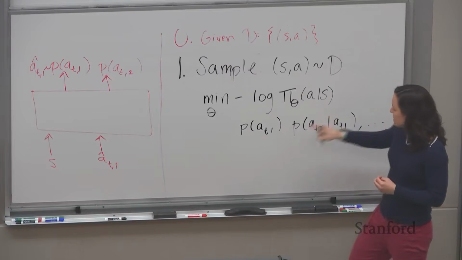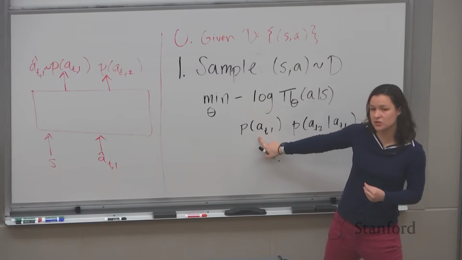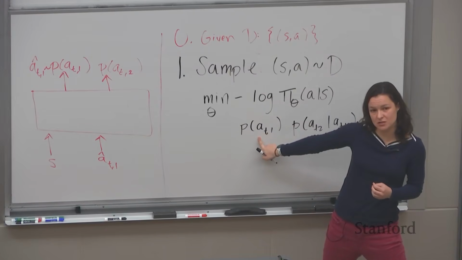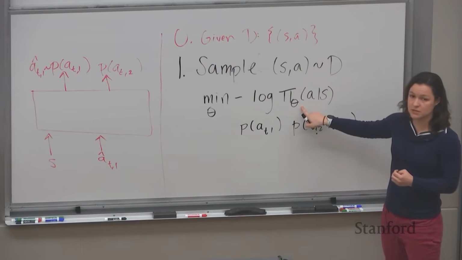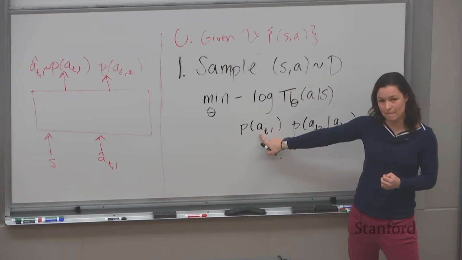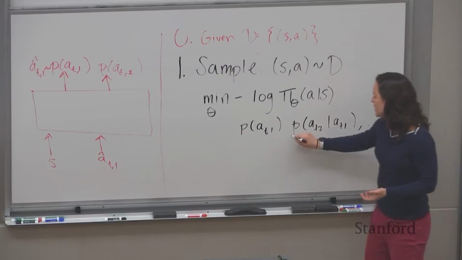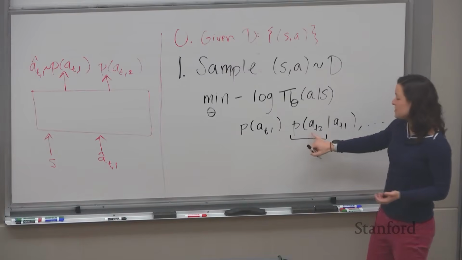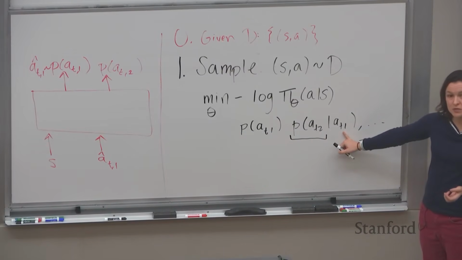And the probability for this first dimension will just be the cross entropy loss, which corresponds to trying to maximize the log probability of this value for a discrete categorical variable. For the second dimension, things get a little bit more complicated, because this will also be the cross entropy loss, but you need to figure out which action you want to use here.